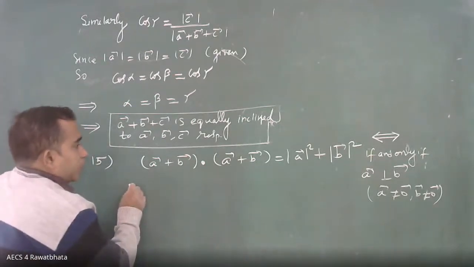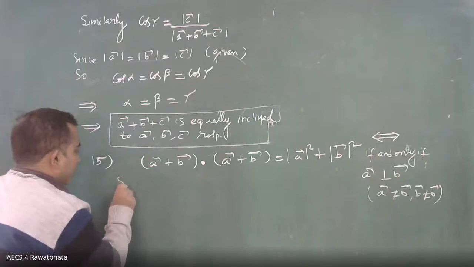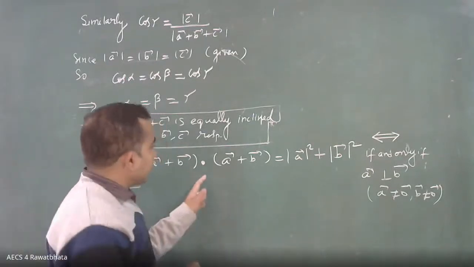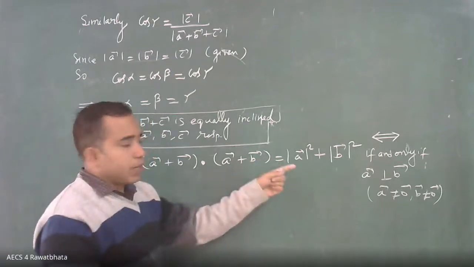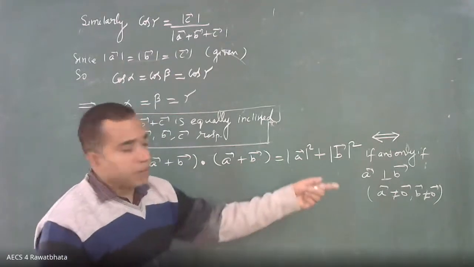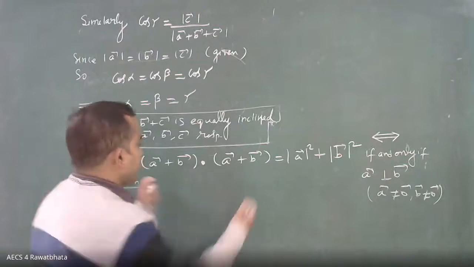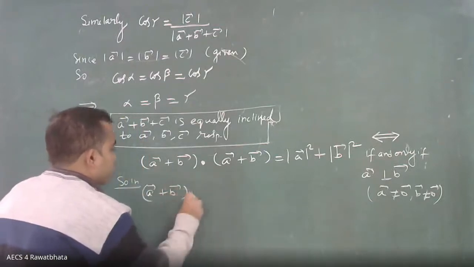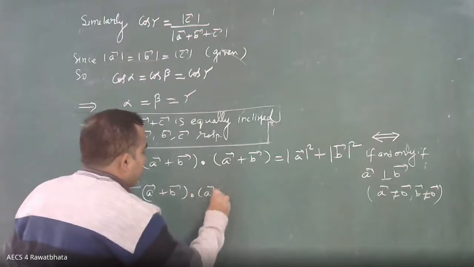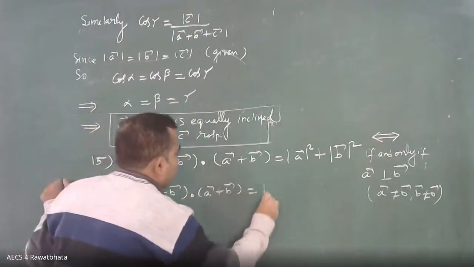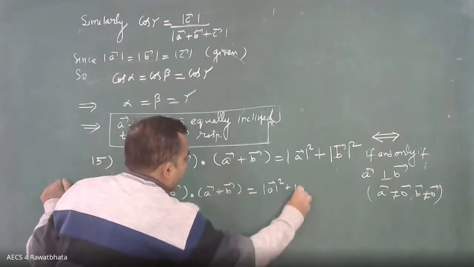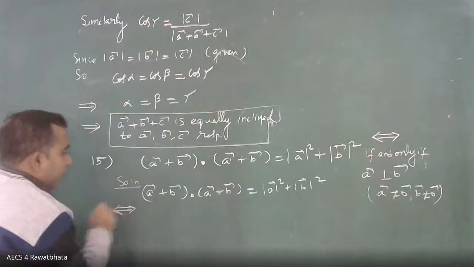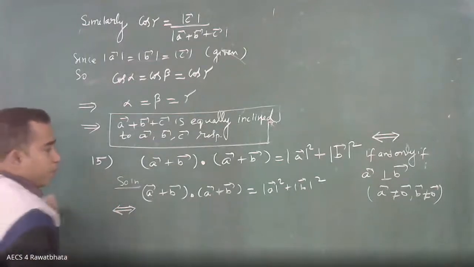So let us begin with this. We will expand it and solve it, hoping that A perpendicular to B comes out. A plus B dot A plus B equals mod of A square plus mod of B square. Implied by, note that implied by sign.